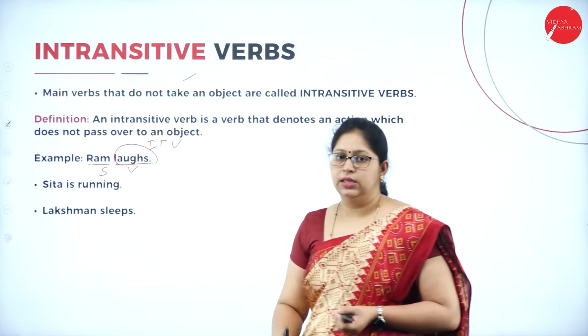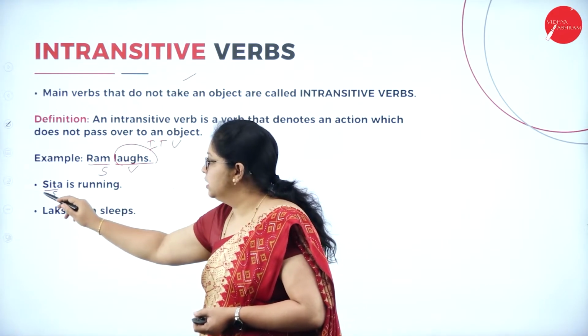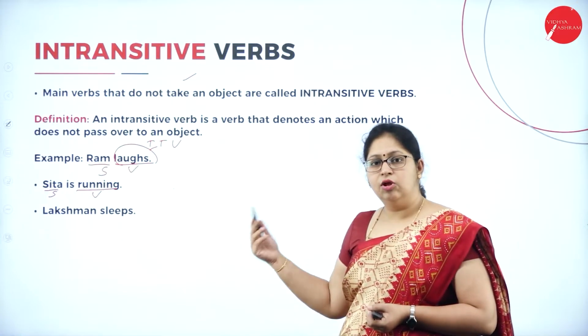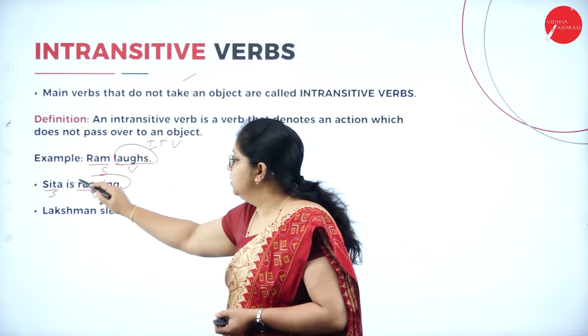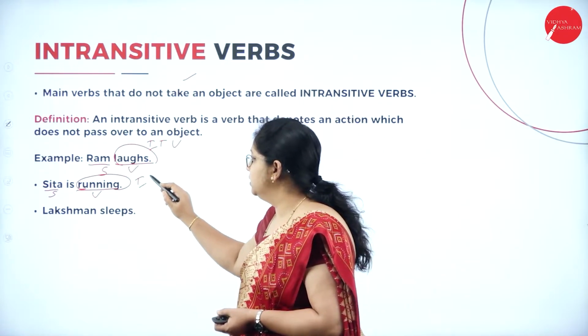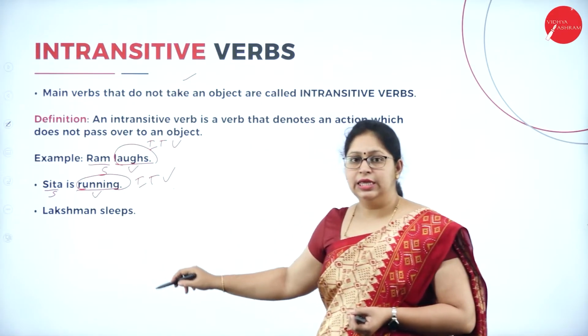Sita is running. Where is she running? It is not mentioned. Sita is subject, running is the verb, correct? Where is she running? The object is not there, receiver is not there. Then this verb is said to be intransitive verb. Lakshman sleeps.